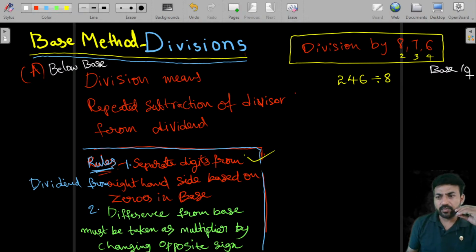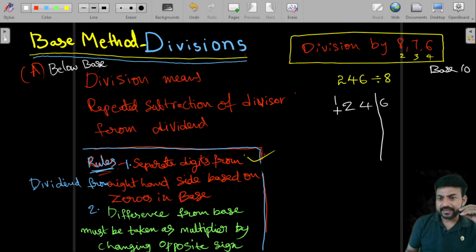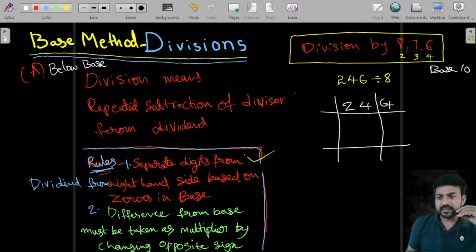So base has 1 zero, so you have to separate one digit from the dividend, from the right hand side. That's it. And what is the difference between 8 and 10? 2. So you have to multiply by 2. Remember, bring down 2 as it is.